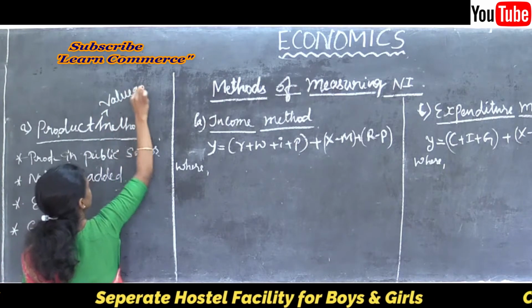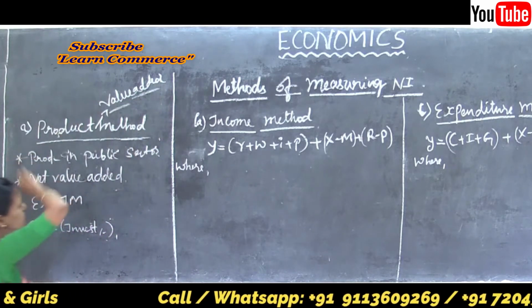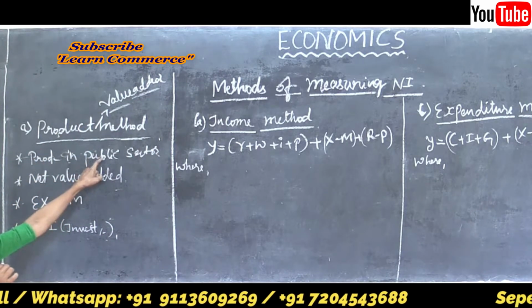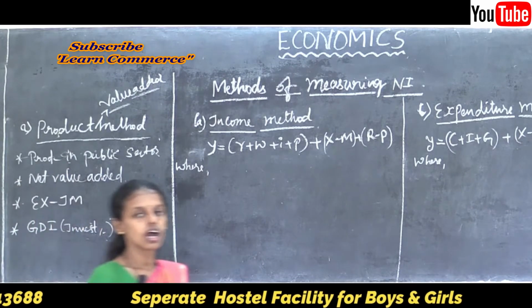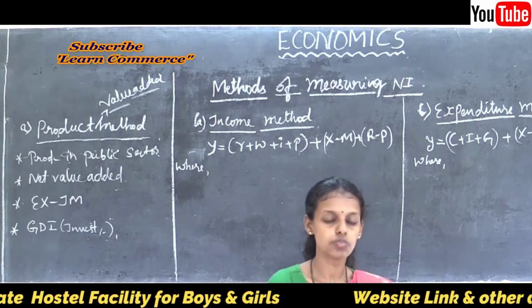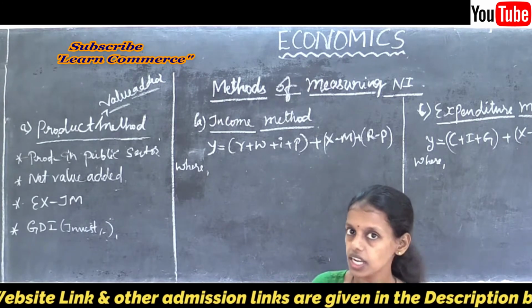It is called the value added method because some values are added here. The product method includes the goods and services produced in the country while calculating the national income.